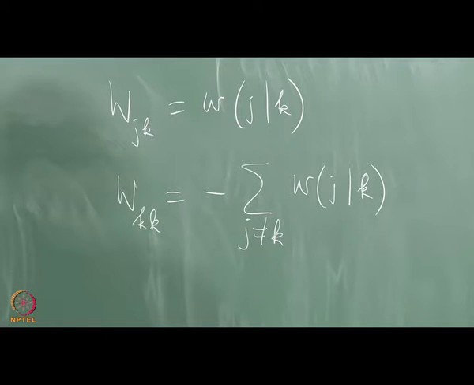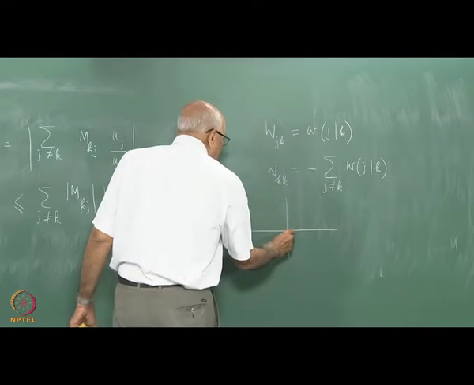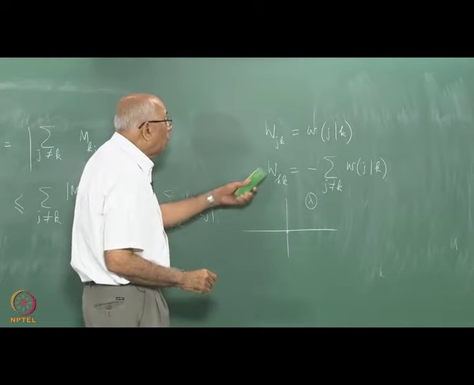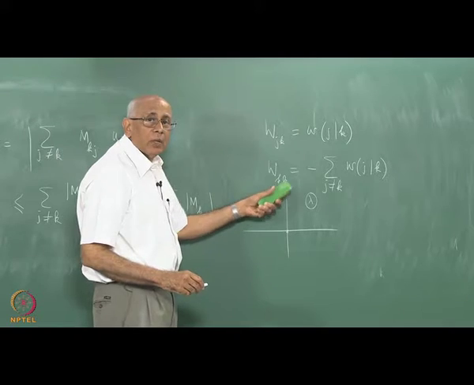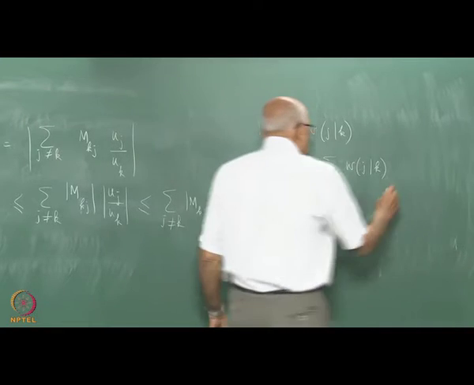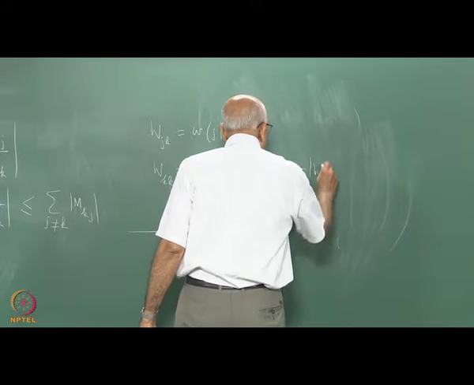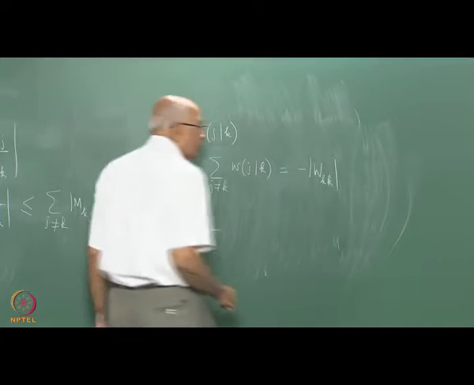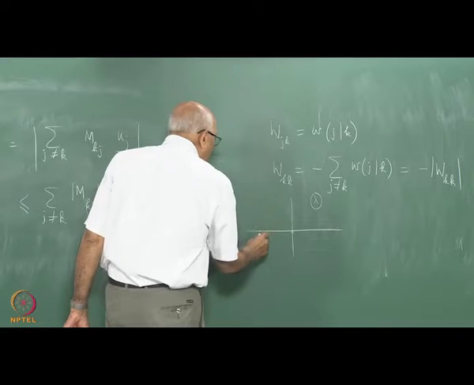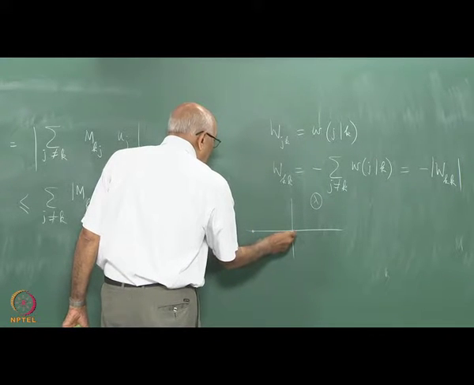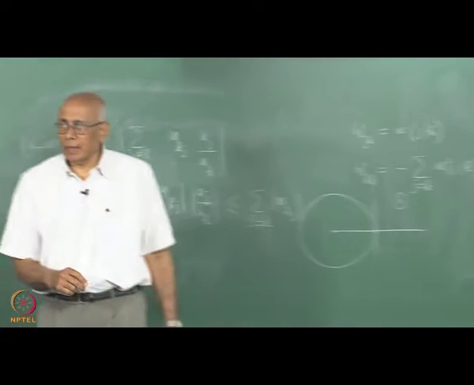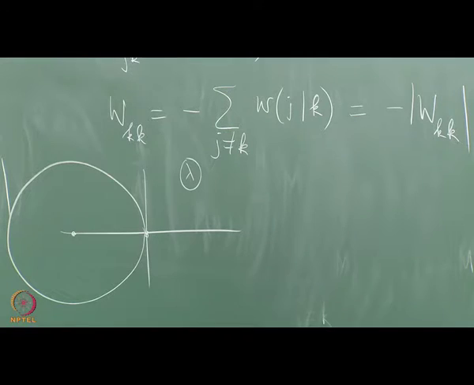So that immediately tells us that 0 is an eigenvalue in the eigenvalue plane, and all these diagonal elements are at negative values because these are non-negative numbers inside here. So this is equal to minus modulus W_kk. And so you immediately know that the centers are all sitting here and the discs look like this. Each disc looks like that. It touches 0. Okay.